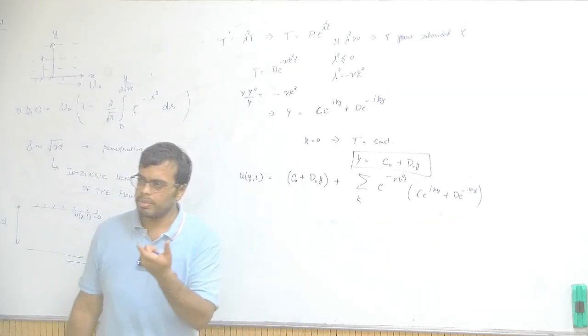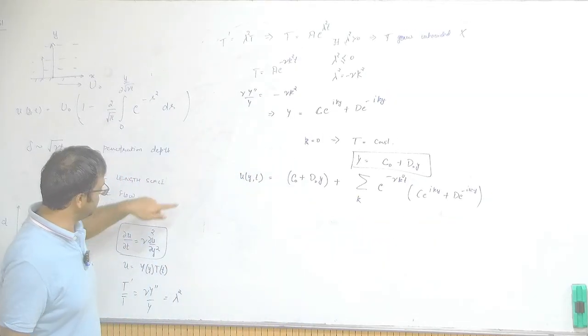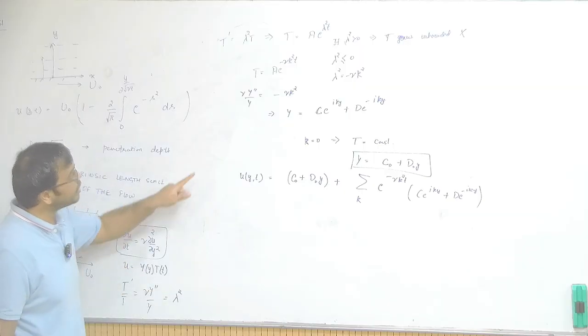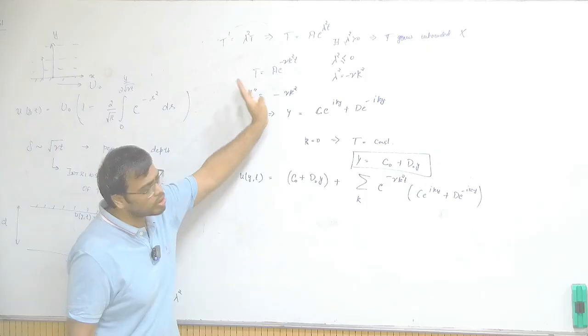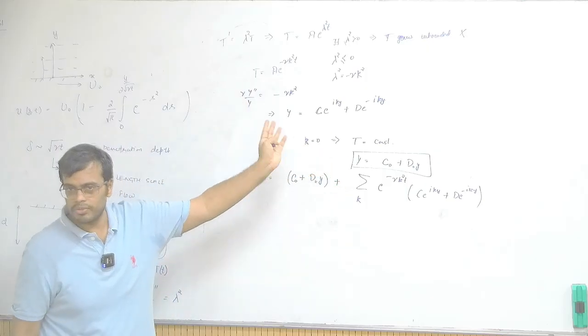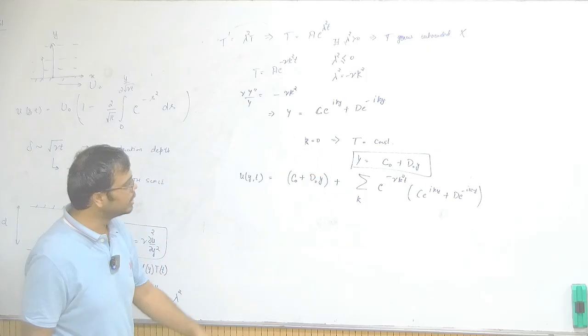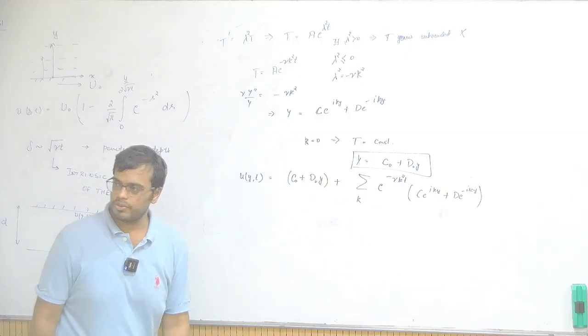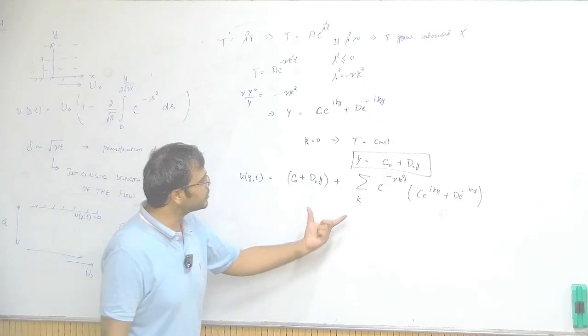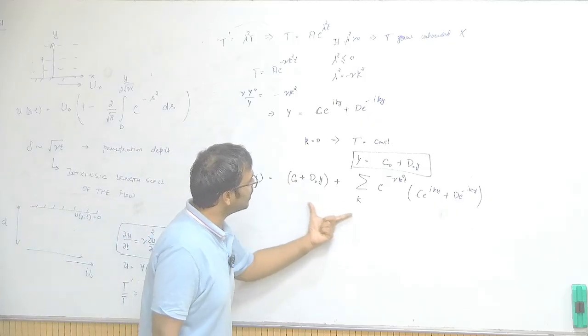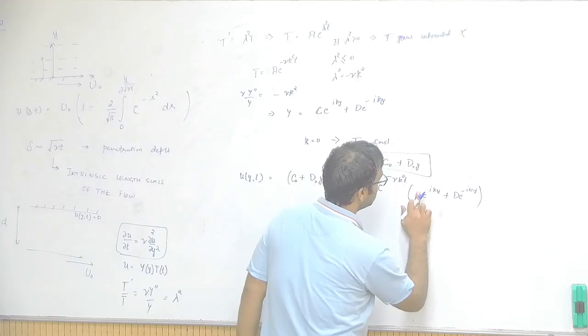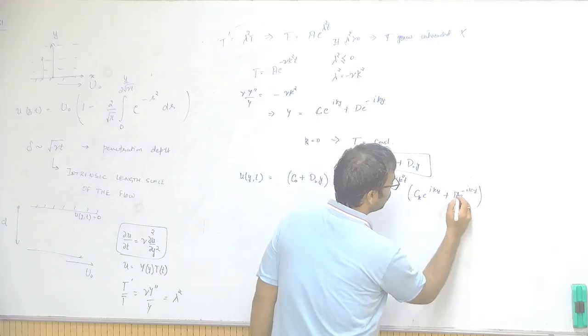When you separate the variables y and t, and then you find these different solutions, they are not going to be valid for all cases. There are going to be some specific values of k for which this is valid. And these c and d are actually functions of this k.